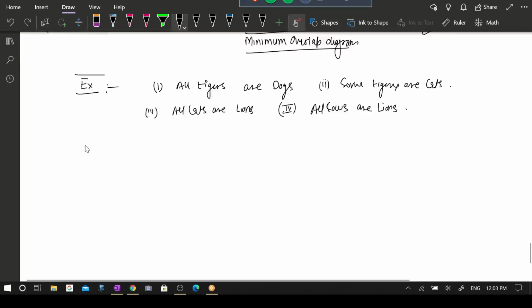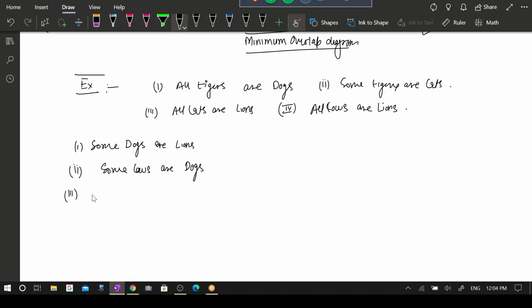Then the conclusions. The conclusion is some dogs are lions. Second, some cows are dogs. Third, some lions are tigers.